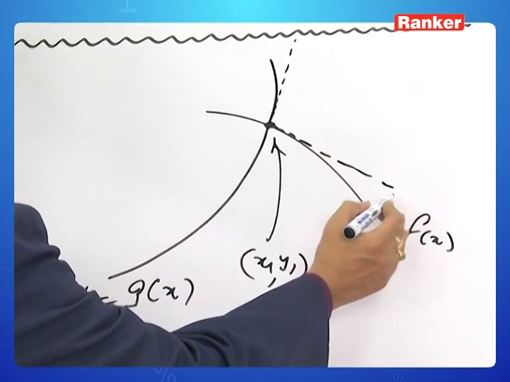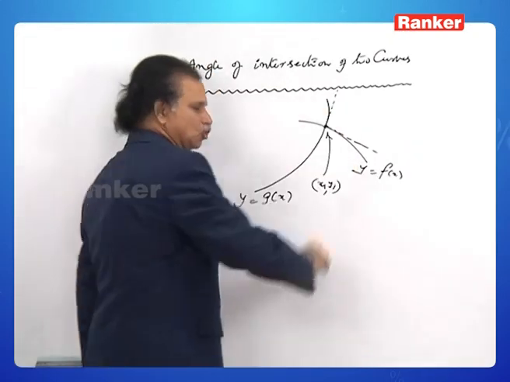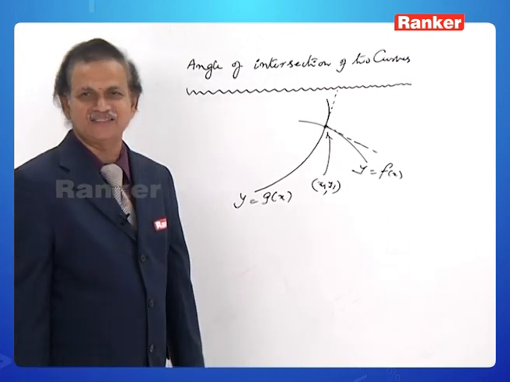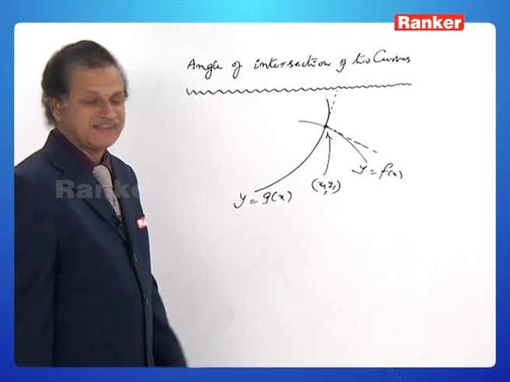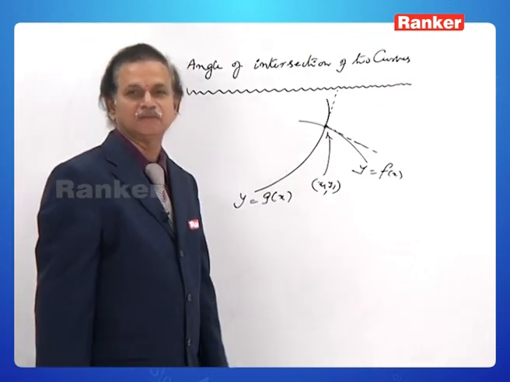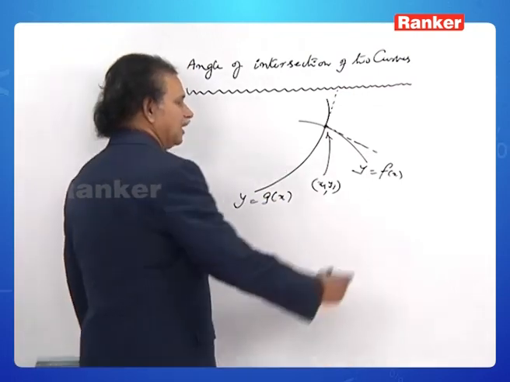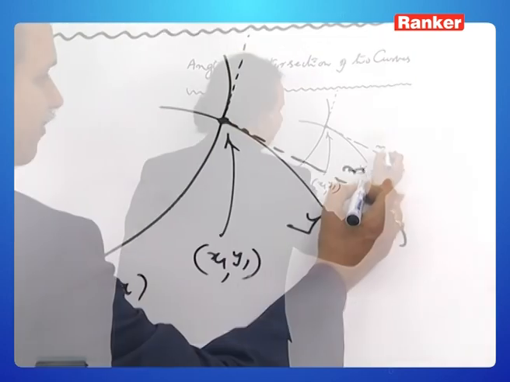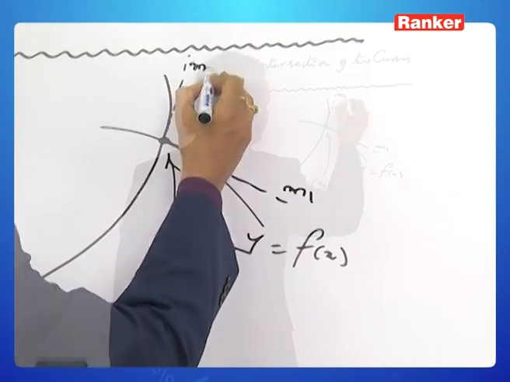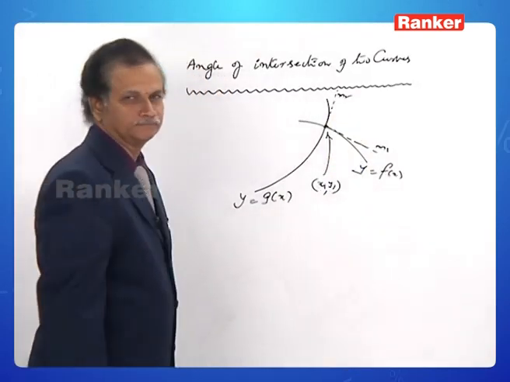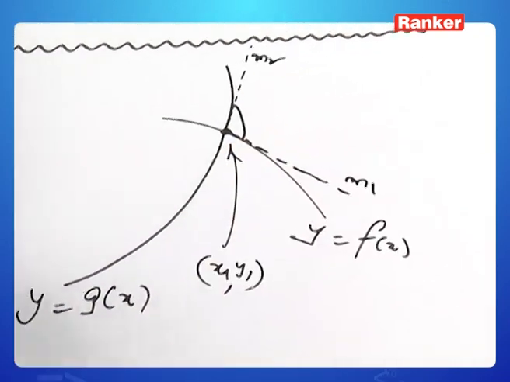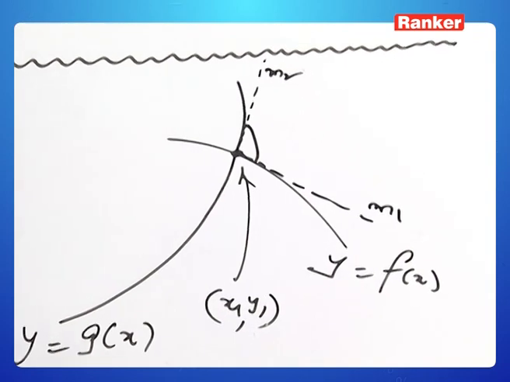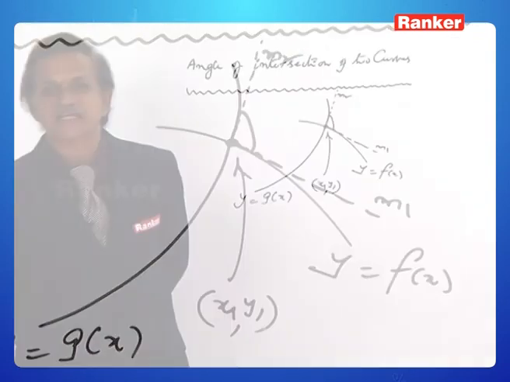A tangent to this curve and a tangent to that curve, two tangents can easily be drawn at the point of intersection. Let the slope of this tangent be m1 and the slope of this tangent be m2. Then the angle between the tangents is defined as the angle between the curves.